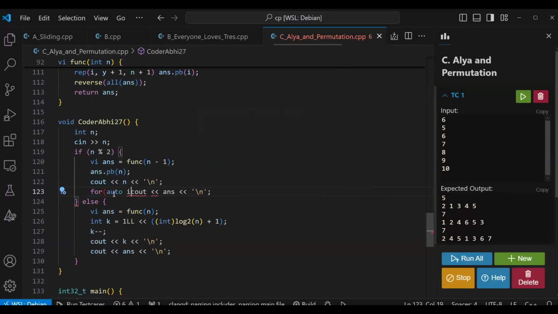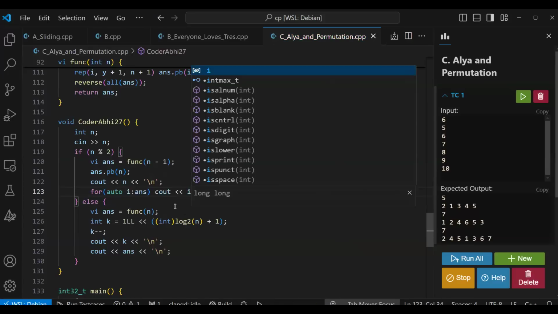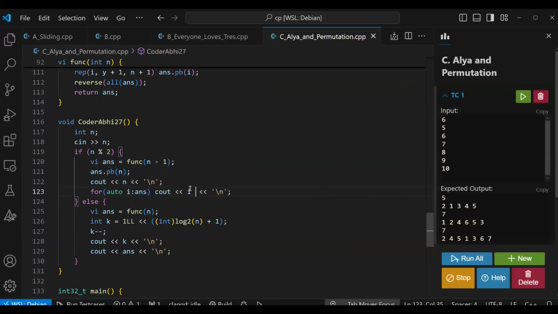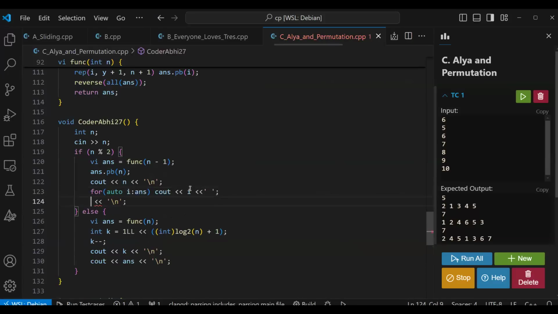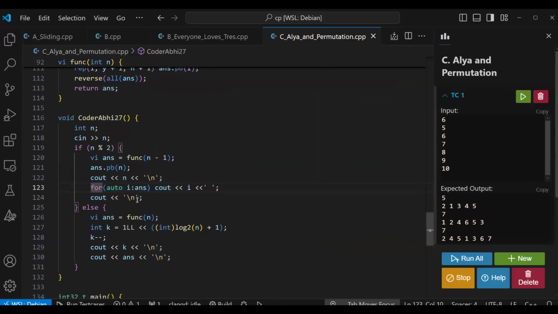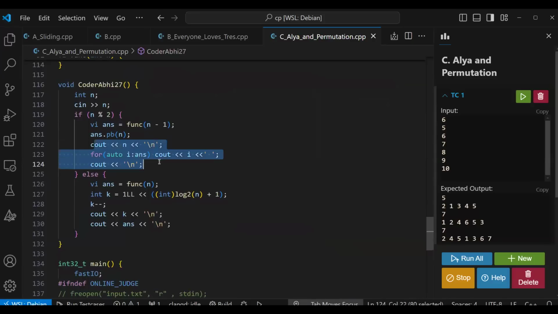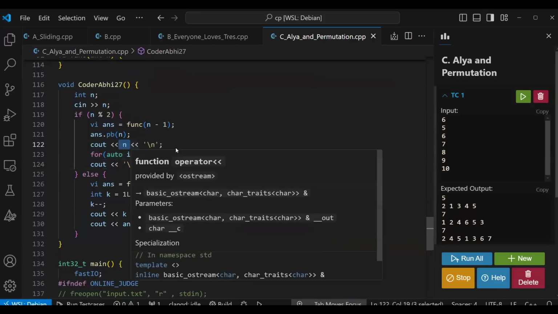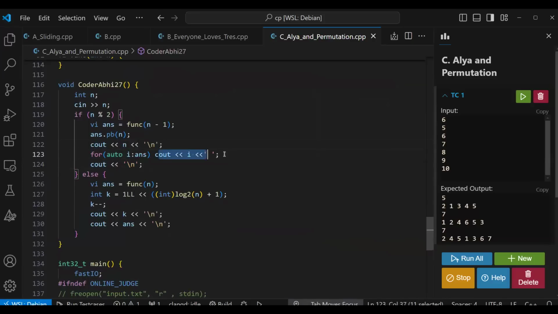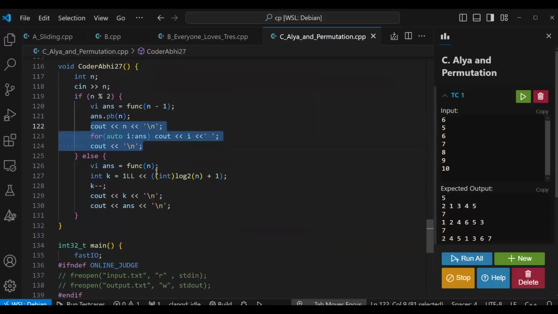You can write it as for auto i in answer, just cout i. Okay, this is what the code is. If you didn't understand how I directly wrote cout answer, it's actually this. You print n and then all the values from your array. And this is also the same.